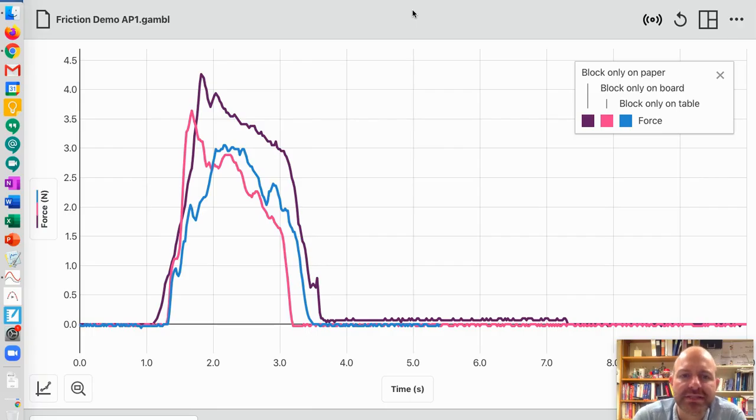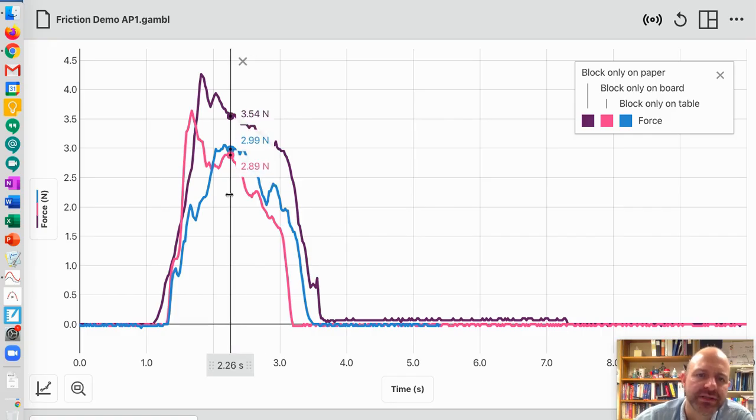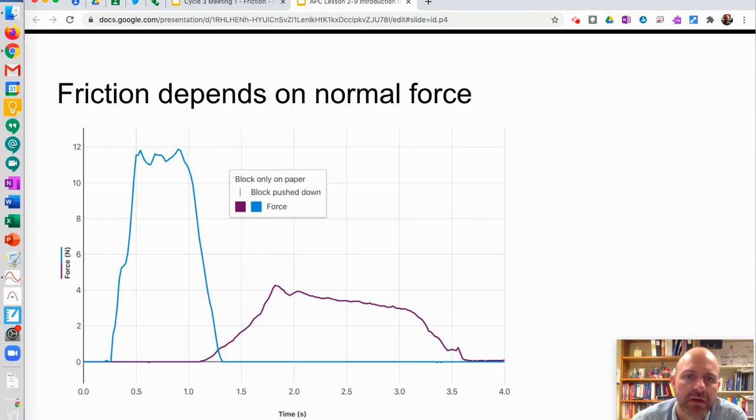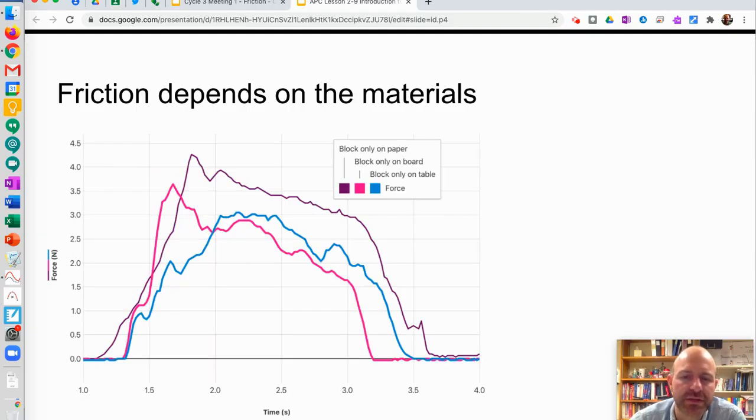Notice that all of these have slightly different forces that they apply. And really, we're kind of looking here in the middle as it's moving. There's something interesting going on as it gets started, but we have slightly different values of force for each set of materials. So that's the other thing, that the force depends on the materials involved.